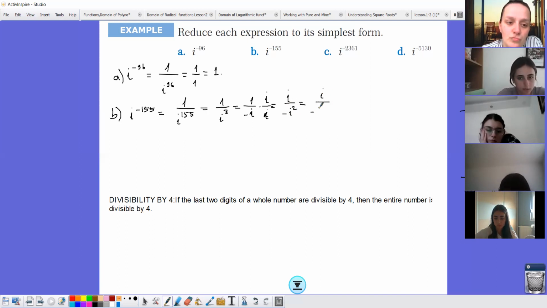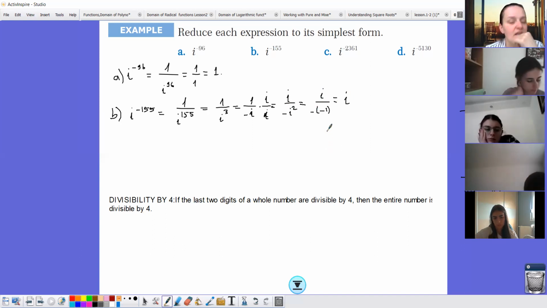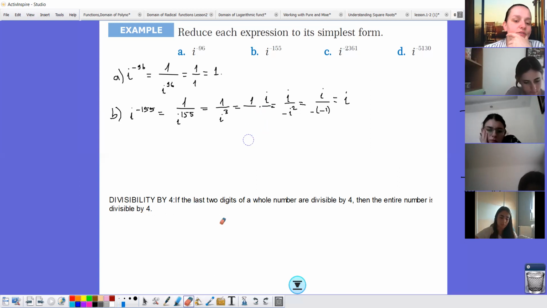Minus 1. This minus is there already, and minus times minus will be plus. So I over 1 will be I.